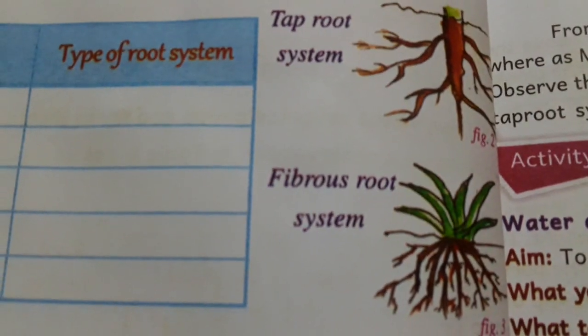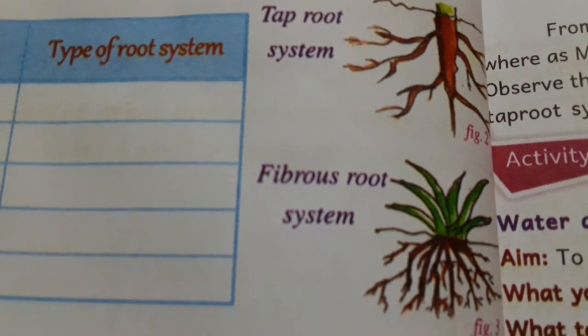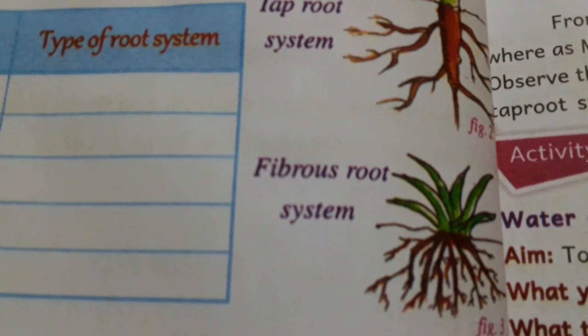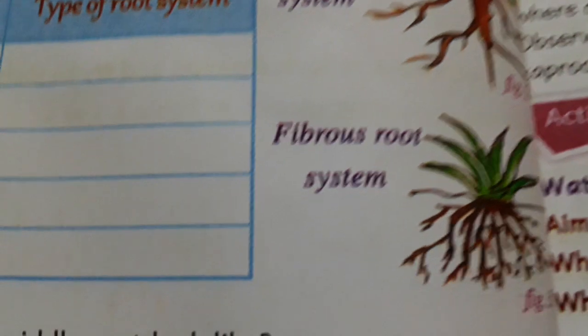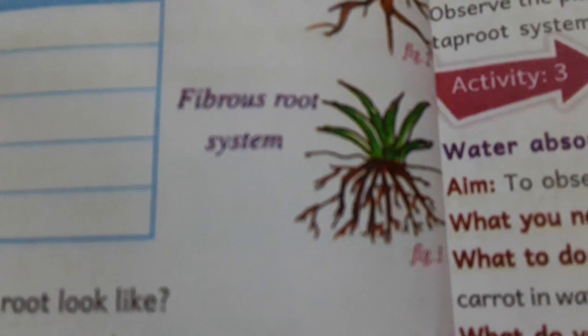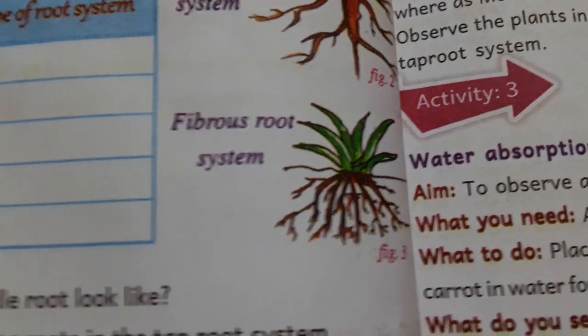See, these are examples of a large tapering main root and small roots sprouting from the main root. This type of root system we call the taproot system. And coming to the fibrous root system, all roots are of the same size, and they are like a bunch of roots, fine thread-like structures.